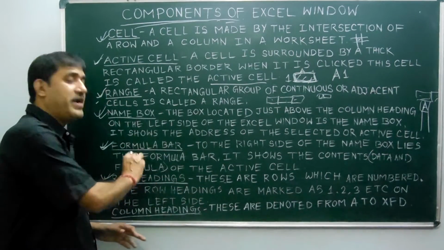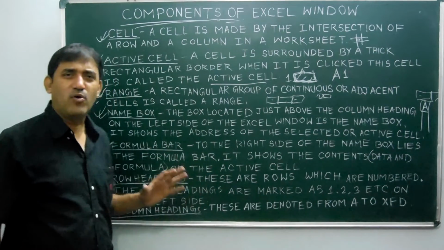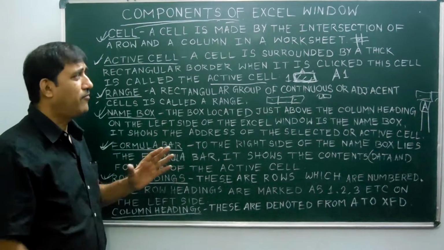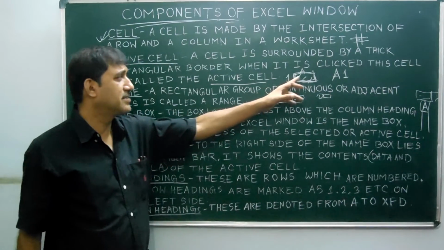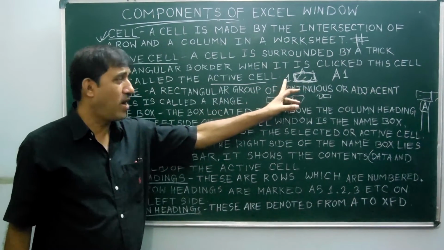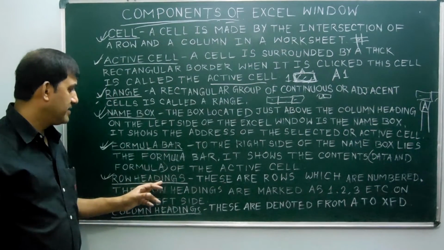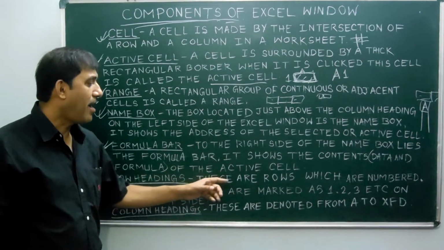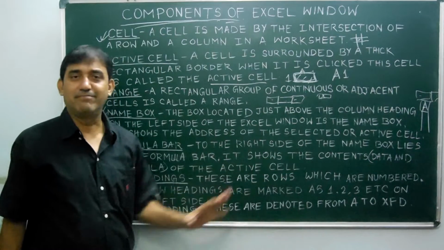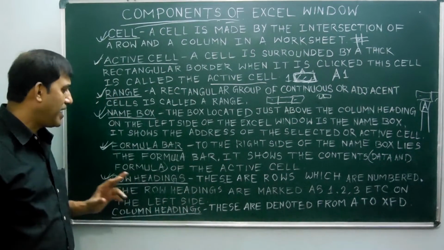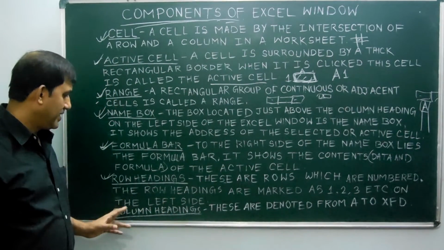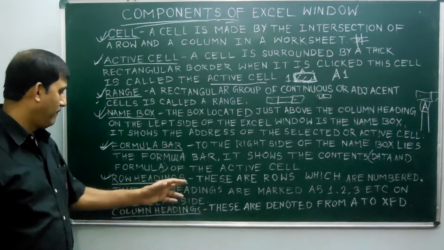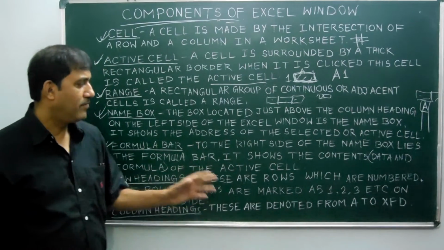Now the next component is the row heading. Row headings are the numbered rows.